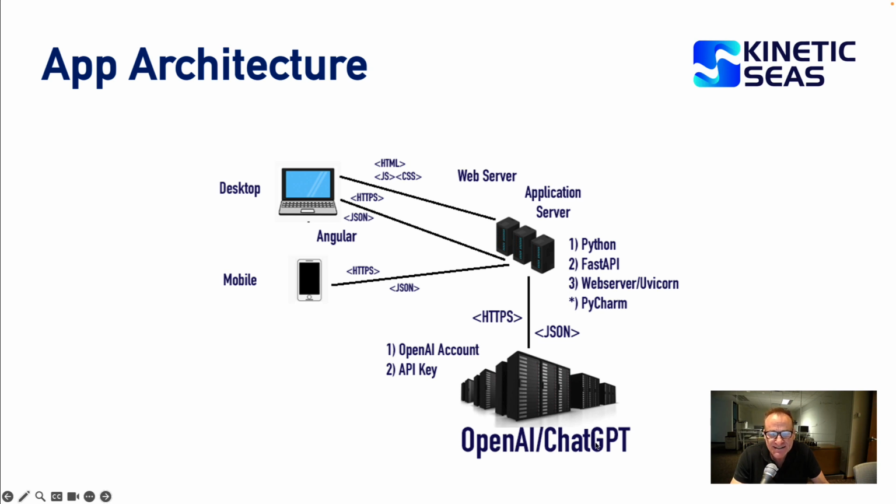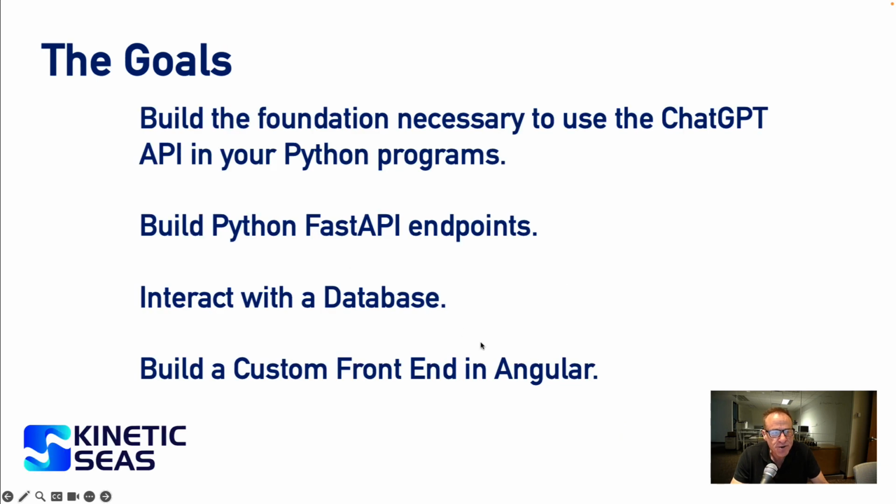So what we're basically building is this area here that intercepts the messages from the desktop app and the mobile app, might change the prompt, might get data from the database, and then sends it to OpenAI to get completion results.